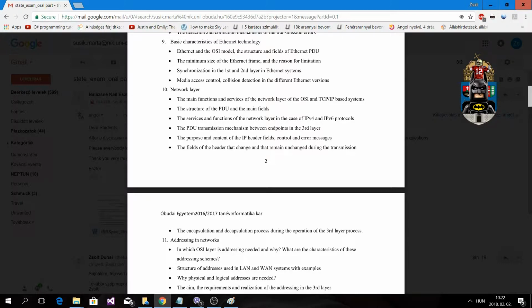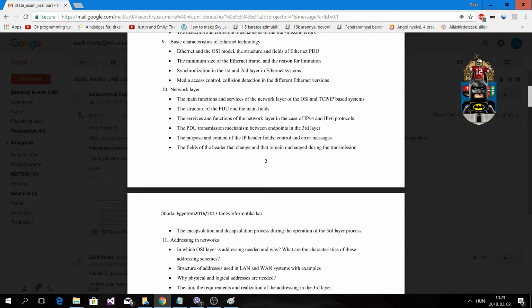So it does DHCP, dynamic IP address allocation, and I believe that's all that is important in the case of IPv4. In IPv6, of course, we don't need network address translation because the address space is much larger, but DHCP version 6 is important.